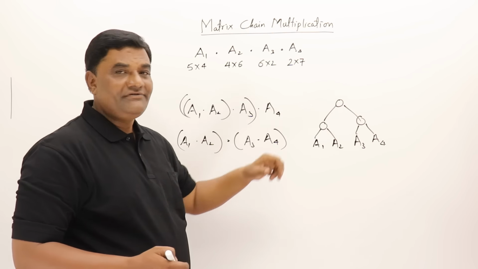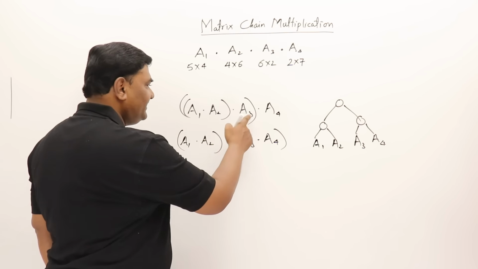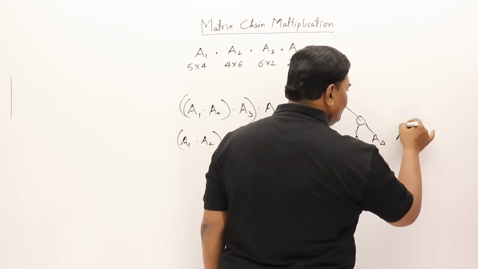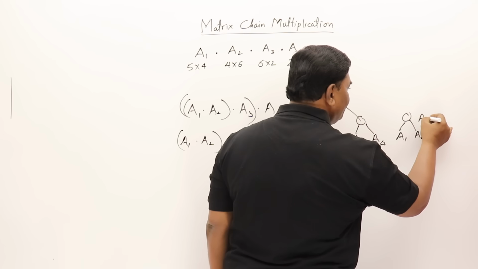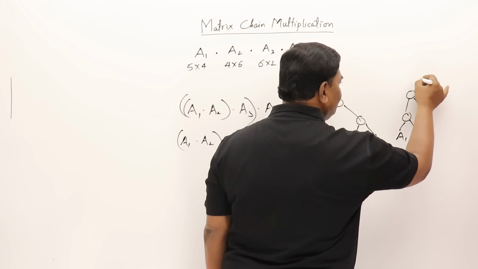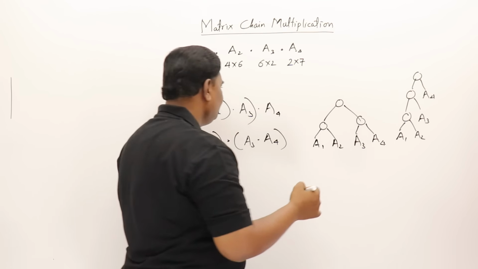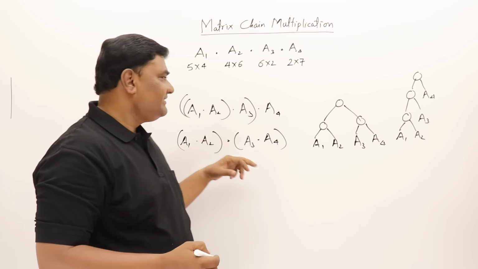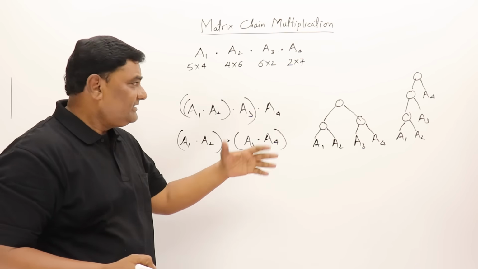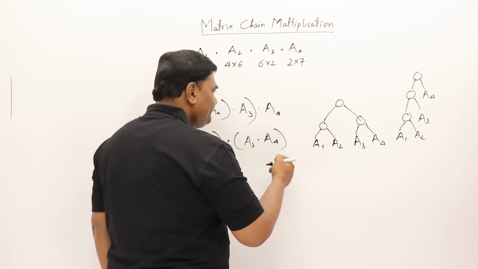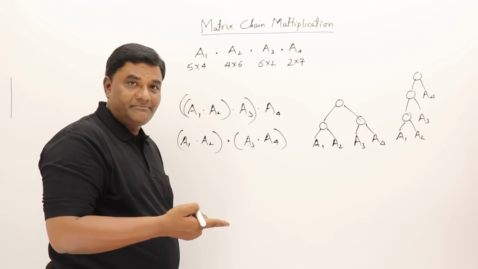For this one, A1 is multiplied with A2 and that result is multiplied with A3 and that result is multiplied with A4. That tree is representing this parenthesization. So like this, with 3 nodes, how many different trees are possible? It means how many different parenthesizations are possible.